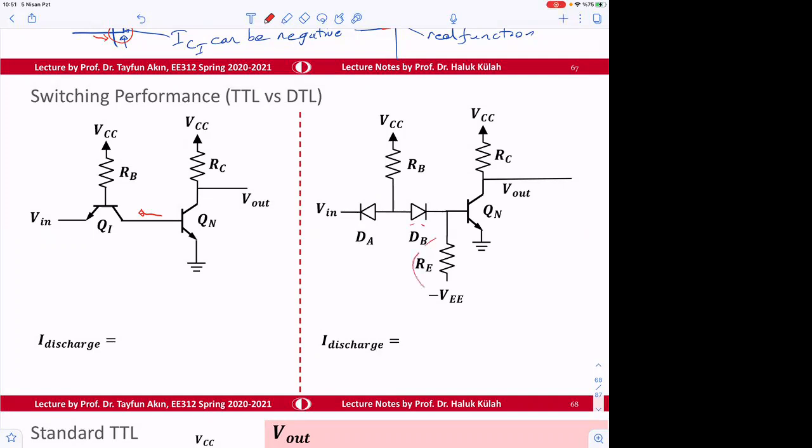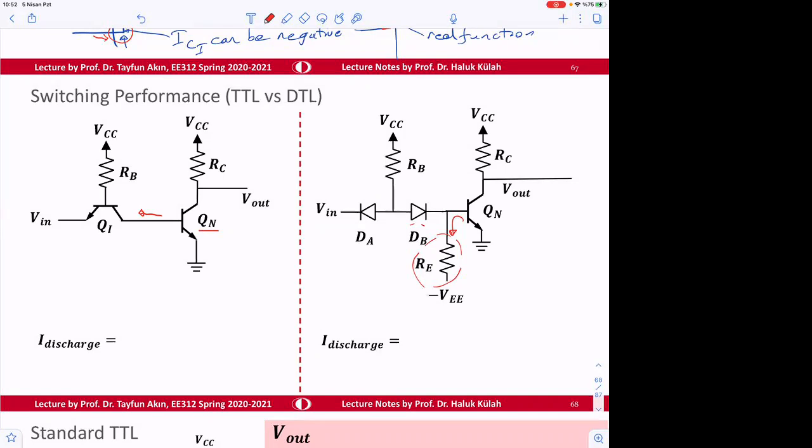Even if we put a resistor here and then remove the base emitter charge accumulated during saturation, this will give us a much larger current to remove that base charge. So the switching of QN will be very fast. That's a very important advantage of this TTL circuit.